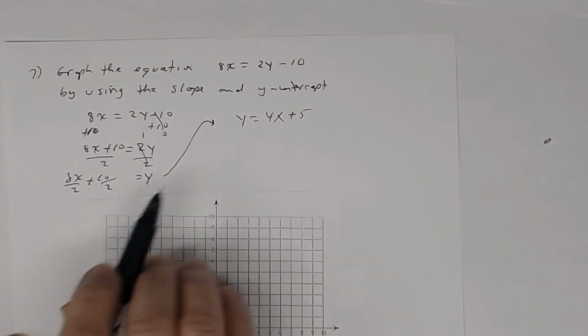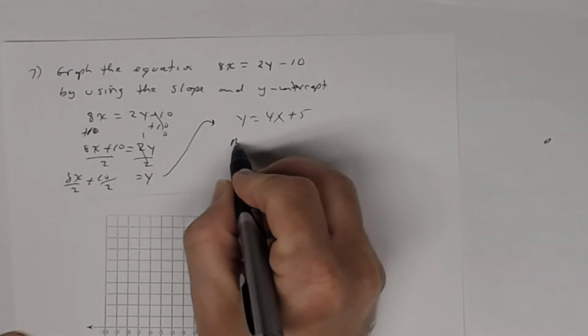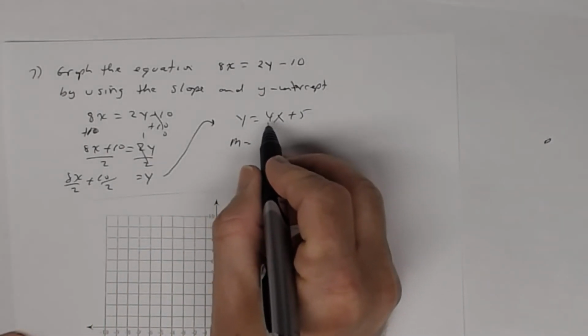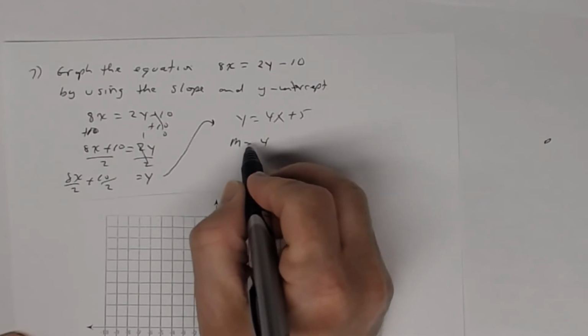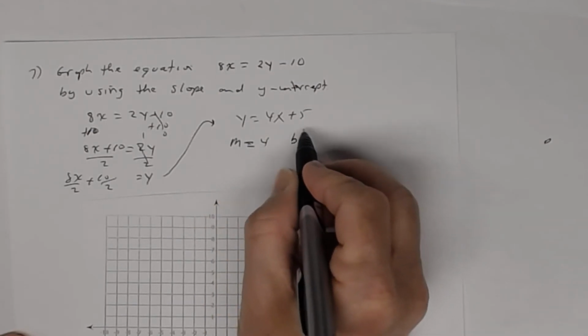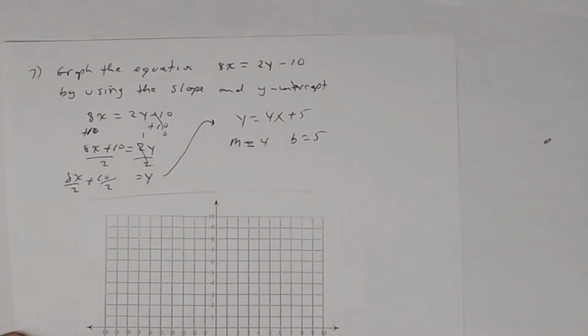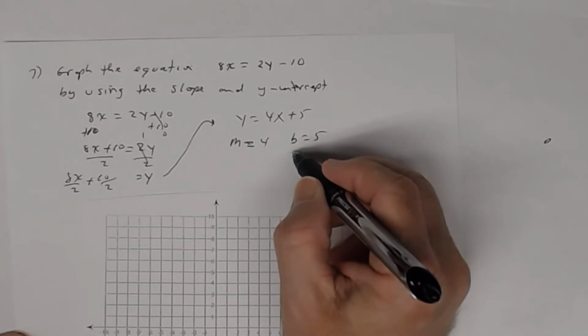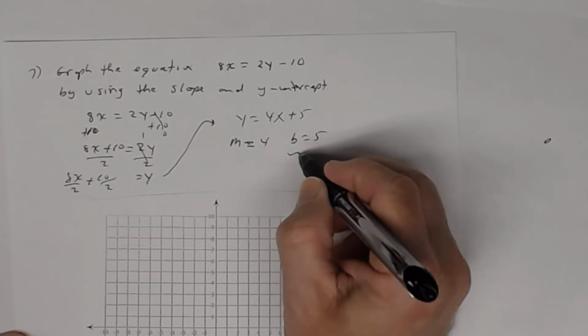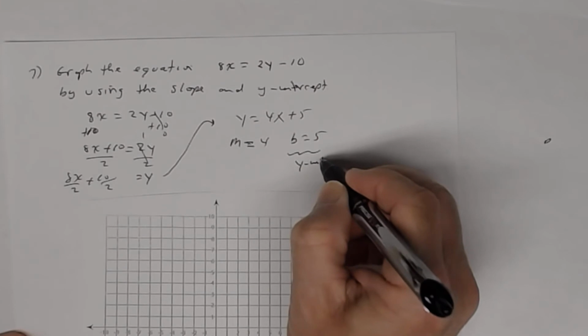Okay? And so once you get to that point, then you know the slope. The slope is the coefficient of x, whatever you multiply an x by, so that's 4. The y-intercept is that constant, so that's 5. All right? And so now let's go ahead and plot that point. So here's your y-intercept.